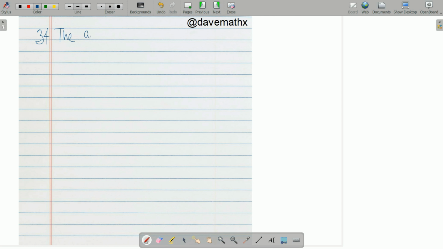The area of a circle is pi r square. Pi is always 22 over 7.